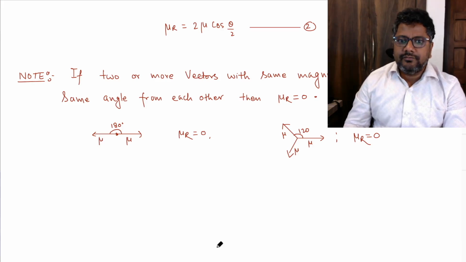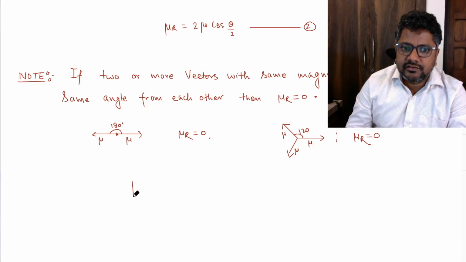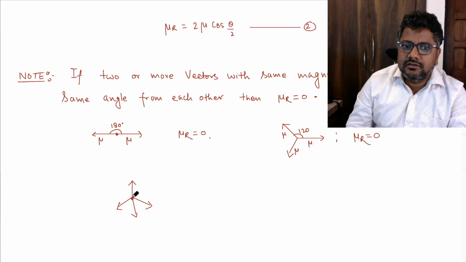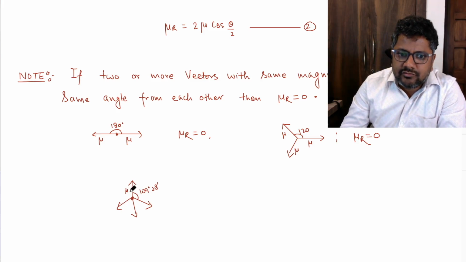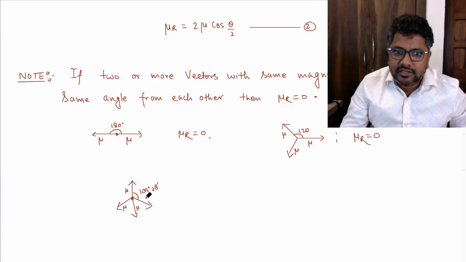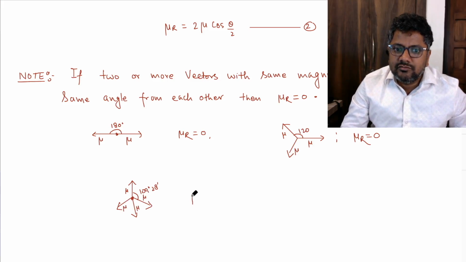Similarly, if four vectors of the same magnitude mu are oriented at 109 degrees 28 minutes like this, then mu r is equal to 0.